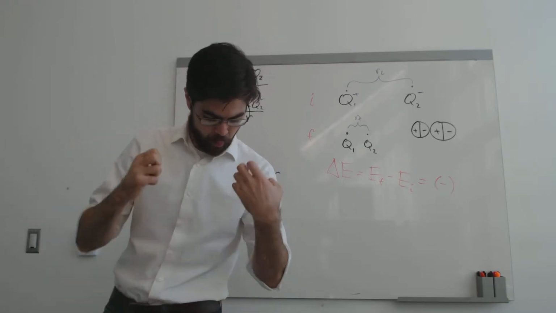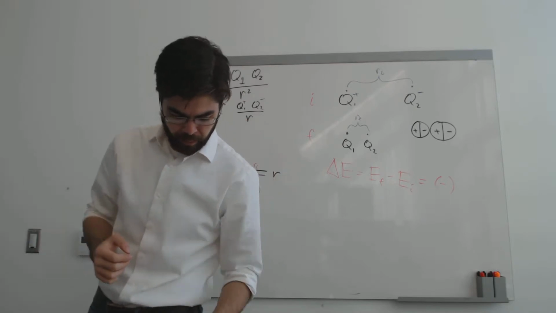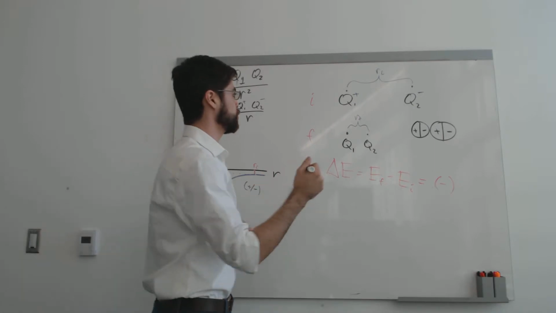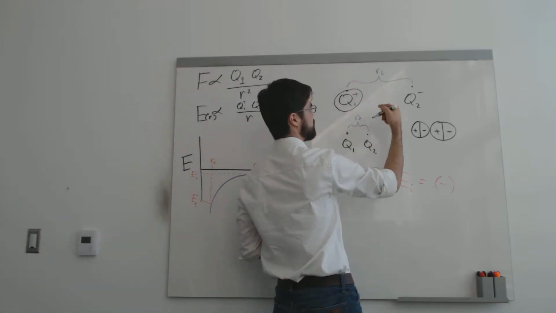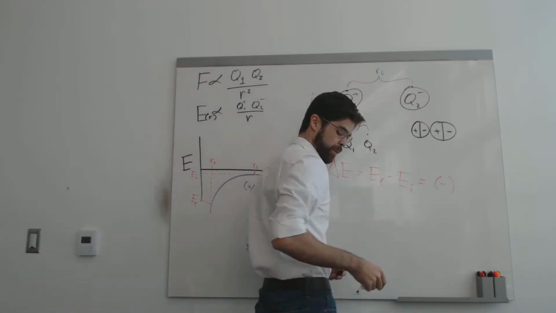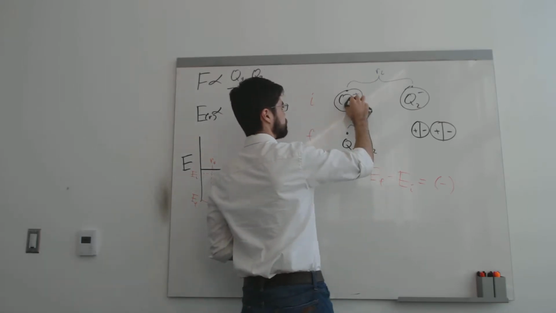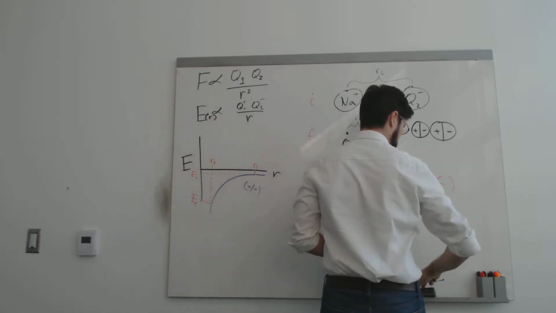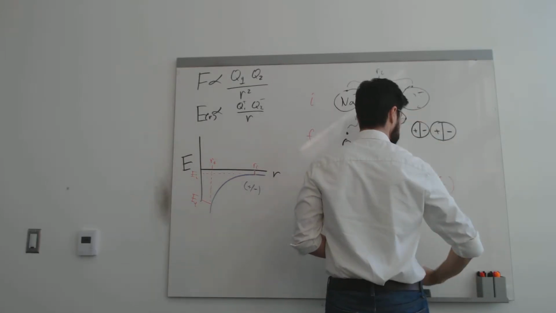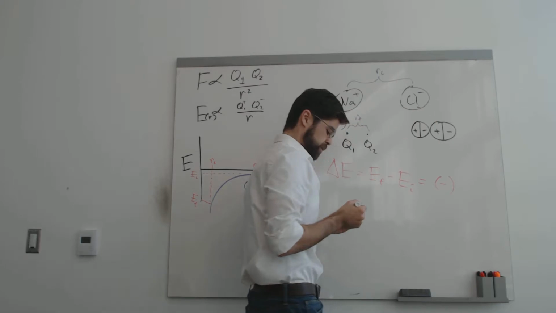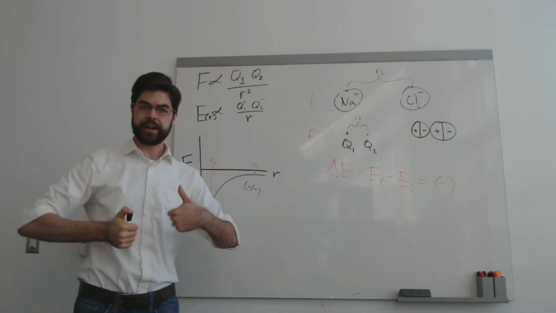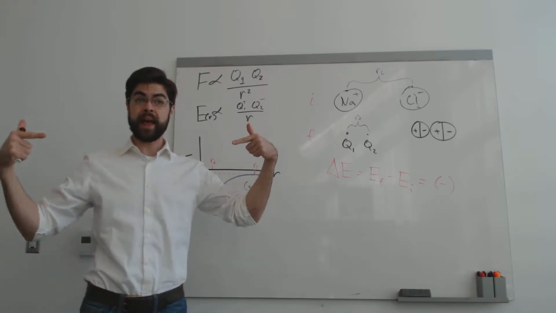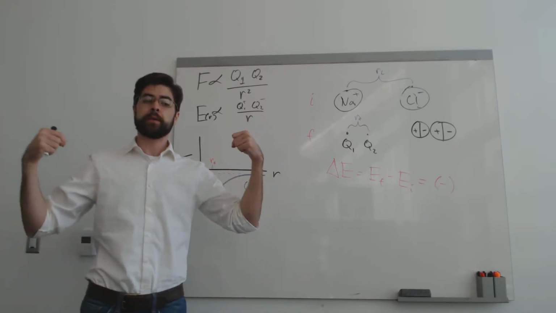So basically, whenever you are breaking bonds, so if these were two oppositely charged species, like a sodium ion and a chloride ion, separating those two ions is an energy raising process, so that ends up being an endothermic process.